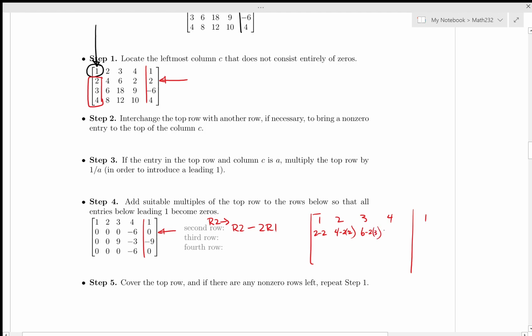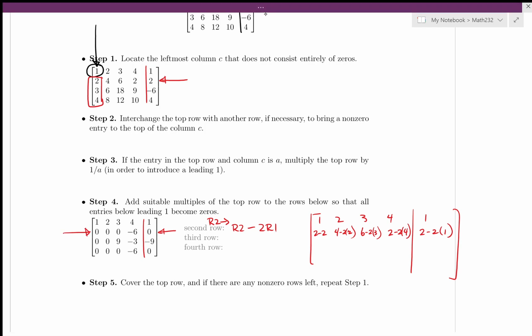And then the last number is, hang on, 2 minus 2 times 4. And then this one here is 2 minus 2 times 1. Okay, that's how that's happening. So I'm taking row 2 and I'm subtracting 2 times row 1. And I'm getting these numbers right here.